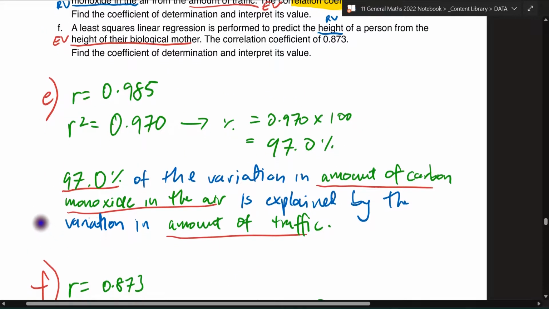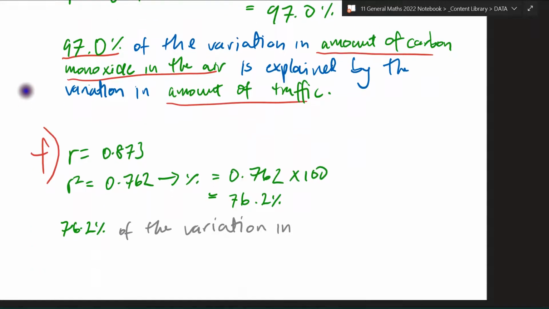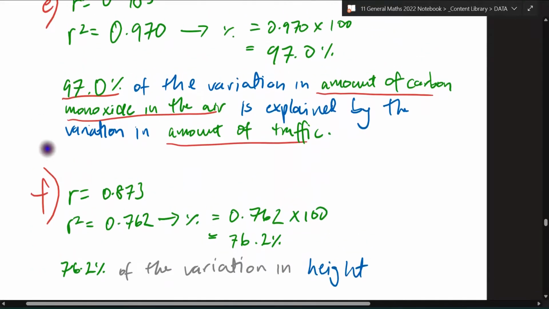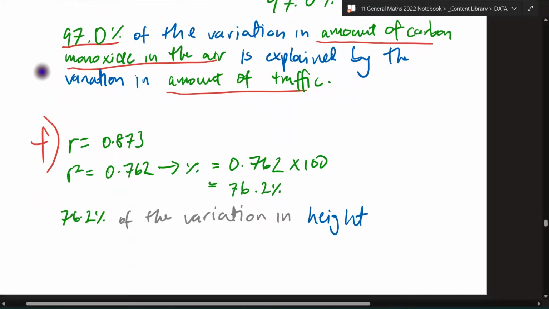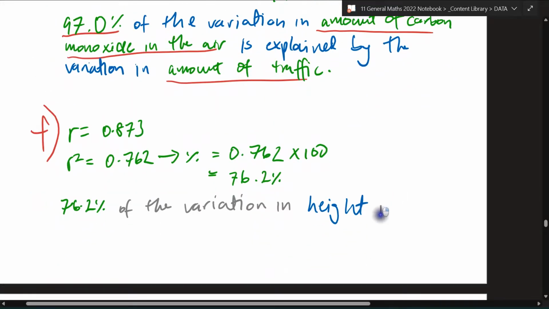My RV here was height. So height is going to be your RV, is explained by the variation in, and then tell me your EV.